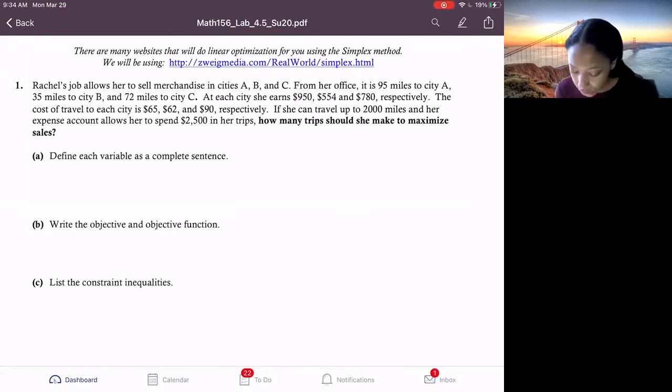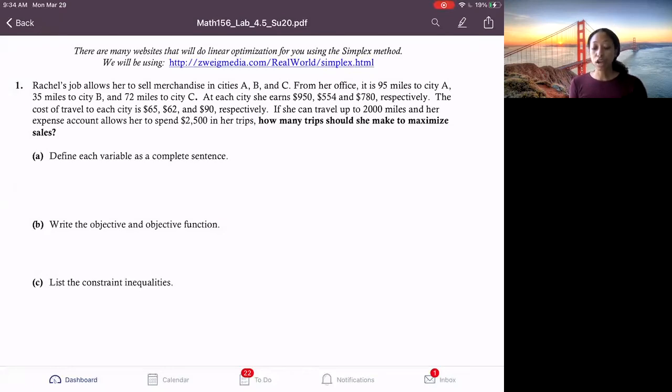Rachel's job allows her to sell merchandise in cities A, B, and C. From her office, it is 95 miles to city A, 35 miles to city B, and 72 miles to city C. At each city, she earns $950, $554, and $780 respectively.